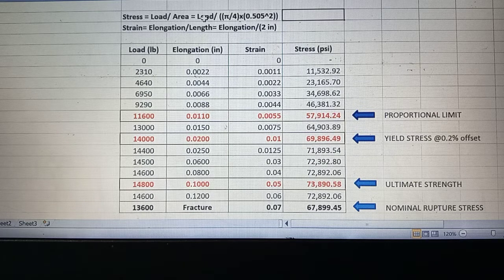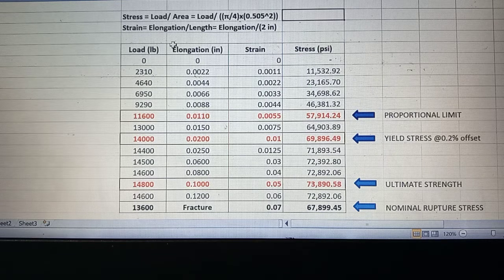So it becomes load over the cross-sectional area, which is pi over 4 times the diameter squared, where the diameter is 0.505, since it is the cross-sectional area of a circle.